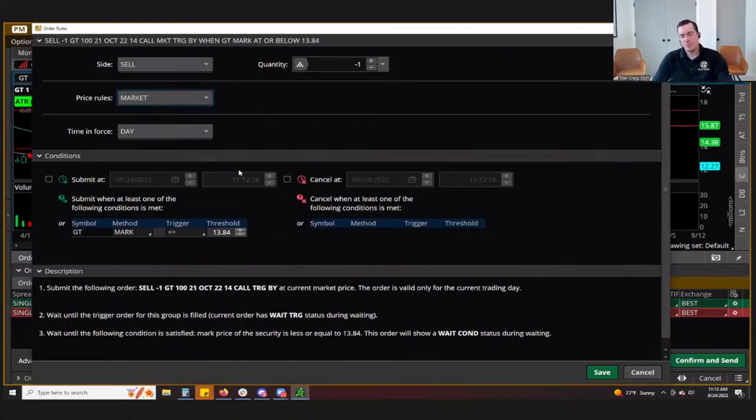I could route a limit order at the midpoint, but honestly, I don't want to run the risk that I don't get filled. So if I want to ensure that I get filled, I'm just going to route a market order at that price.